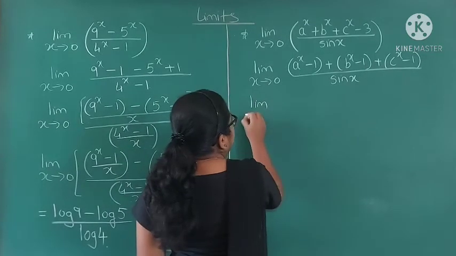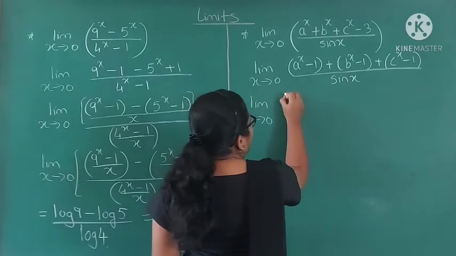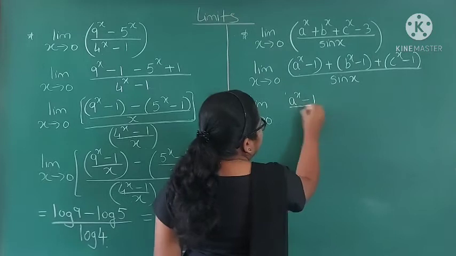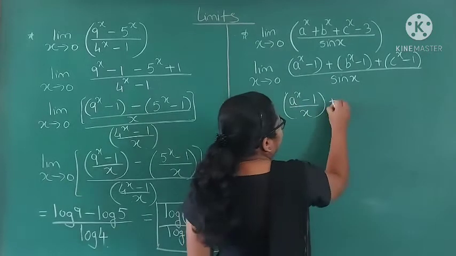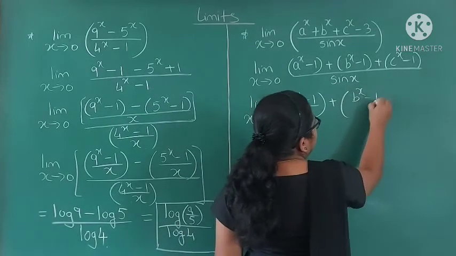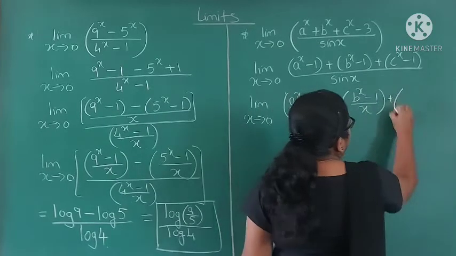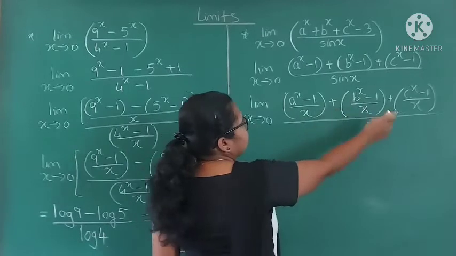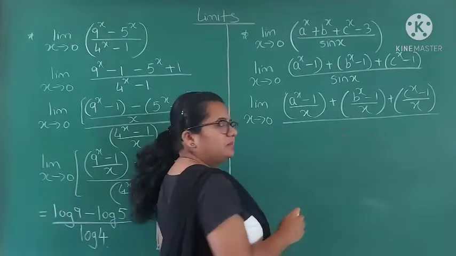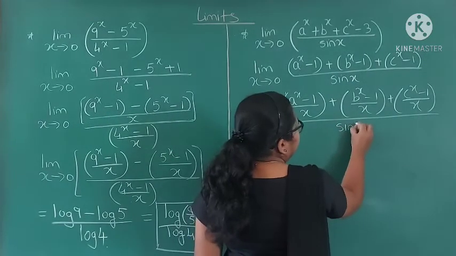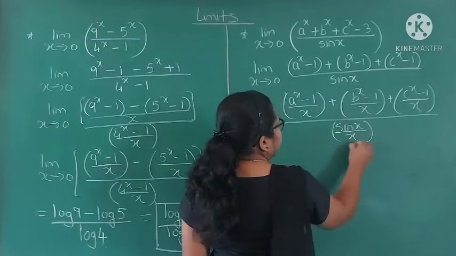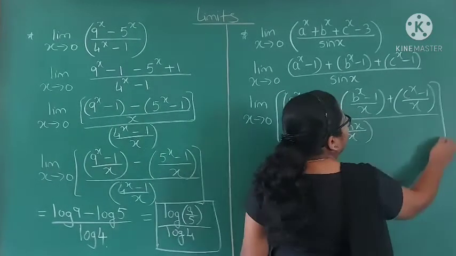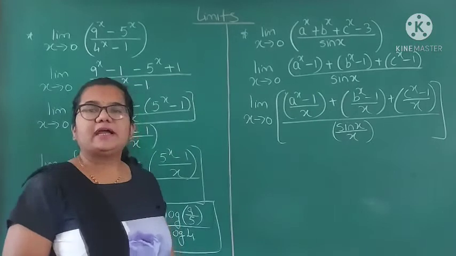So limit as x tends to 0, a raised to x minus 1 upon x plus b raised to x minus 1 upon x plus c raised to x minus 1 upon x. So x will get attached to each term because in between plus sign is there, and denominator is sin x upon x. So we have divided numerator and denominator by x.